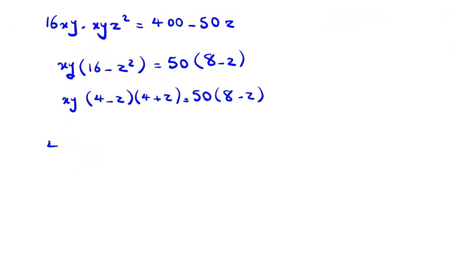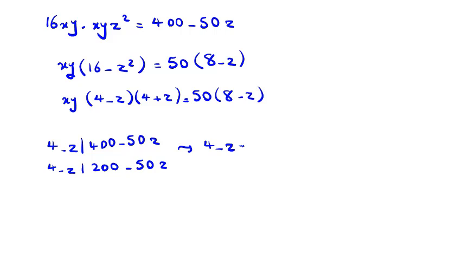Now we know 4 minus z divides the whole part here, 400 minus 50z. Also, 50 multiplied by 4 minus z is 200 minus 50z, and if we subtract, 4 minus z divides 200.